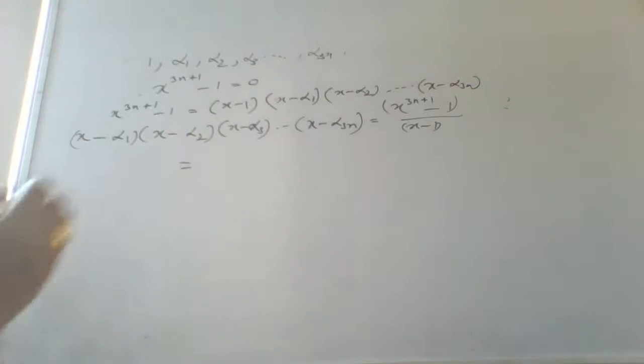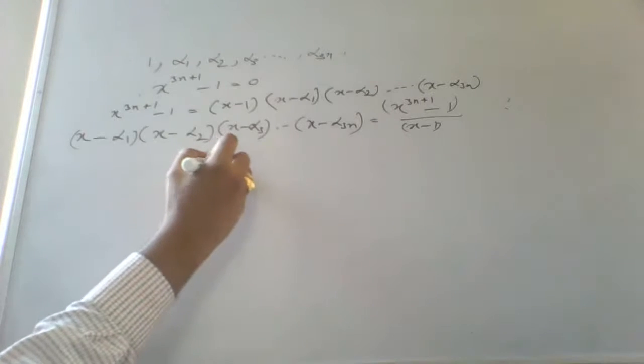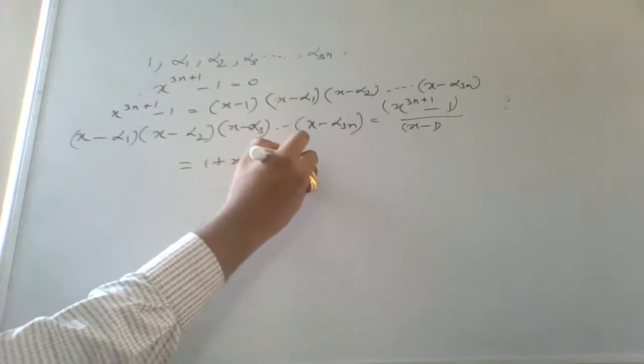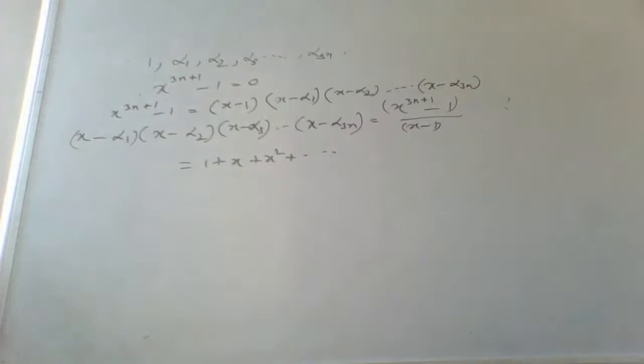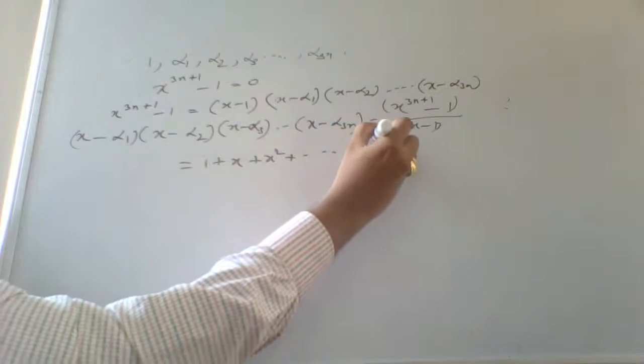Now this is equated to 1 plus x plus x square up to x to the power of 3n.